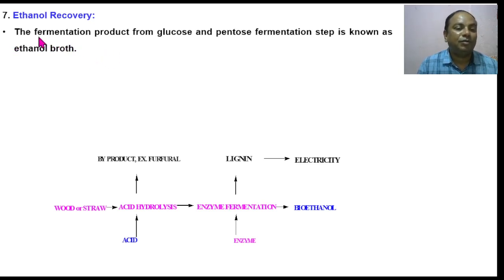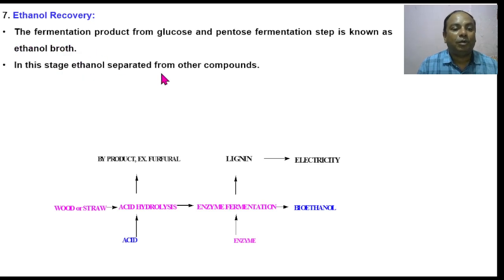So here, this ethanol must be separated from other compounds. It may be water, it may be unreacted or remaining glucose or pentose. Moreover, the bacteria or enzymes that are involved in the fermentation process of 5 and 6 carbon sugar need to be separated from the ethanol.